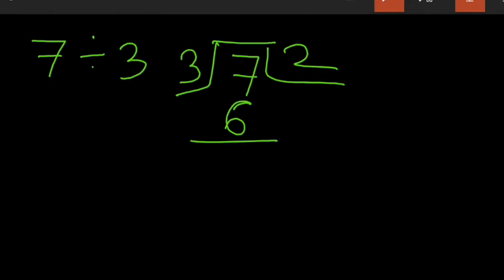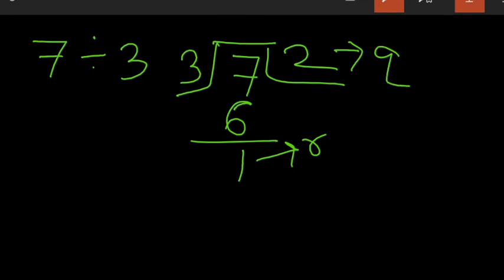So the remainder is 7 minus 6, which is 1. Since this is less than the divisor, you cannot divide it further for whole numbers. So this is the remainder, and this is the quotient.